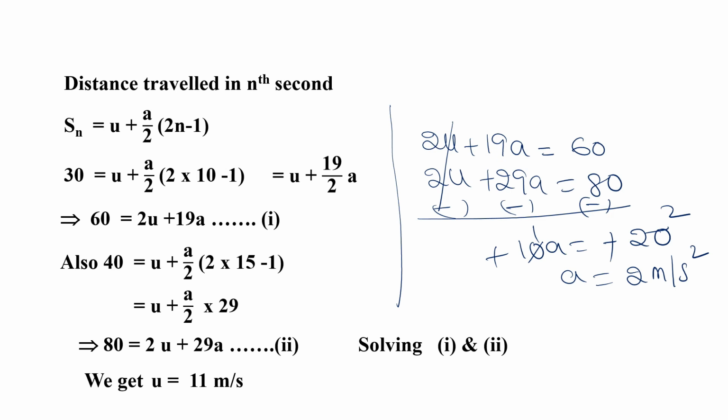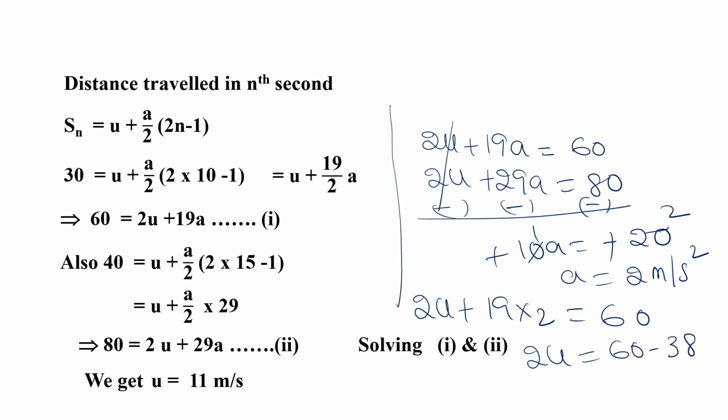Substituting the a value, we get 2u plus 19 into 2 is equal to 60. 2u is equal to 60 minus 38. 19 twos are 38. So 60 minus 38, how much? 22.